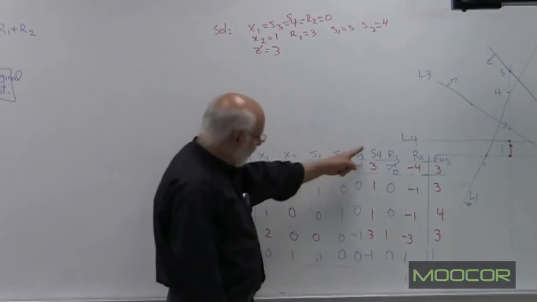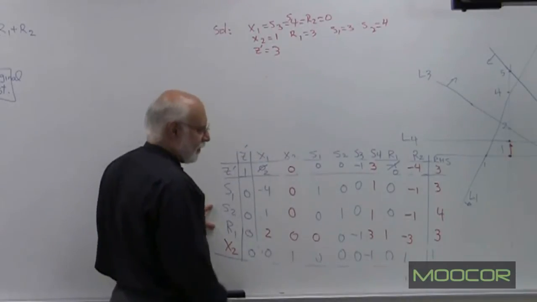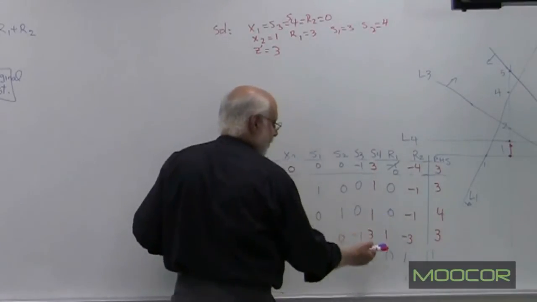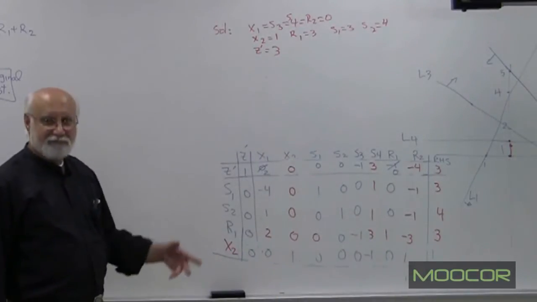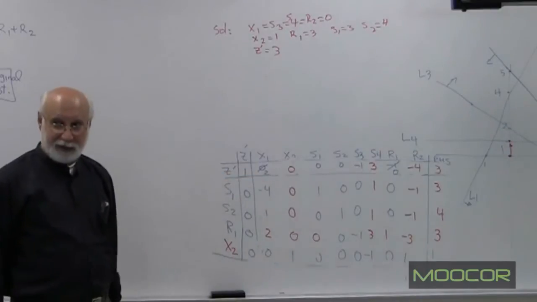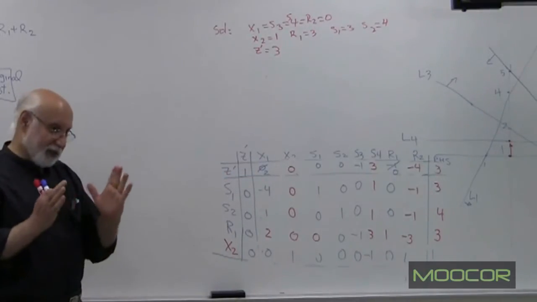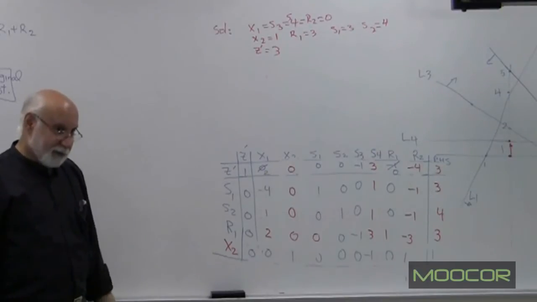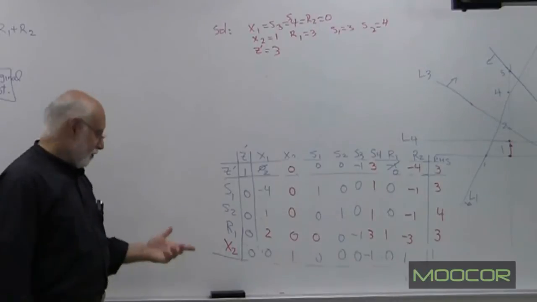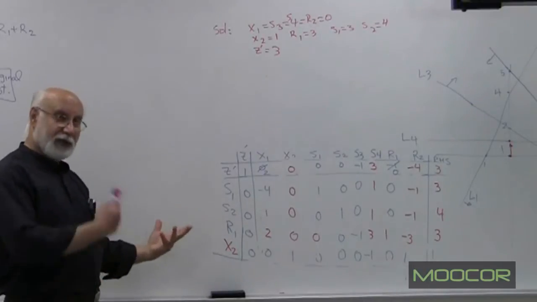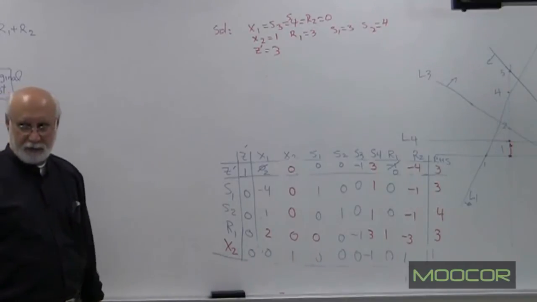Let's look at S4 in here. 4 over 1 and 3 over 3. Still, R2 is the leaving one. But if you had a case which you had several, pick the one that causes the R to leave the basis.